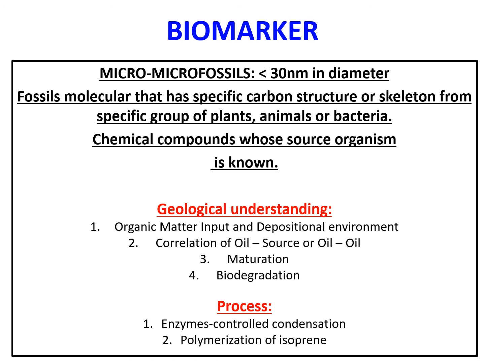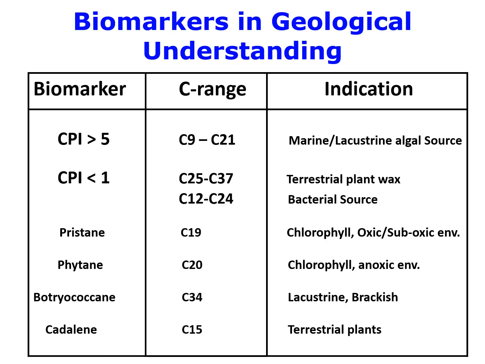The process that commonly occurs in biomarkers to form petroleum will involve enzyme-controlled condensations, in which microbes use their enzymes to degrade the biopolymer into simple monomers, or polymerization of isoprenes, which become larger molecules.